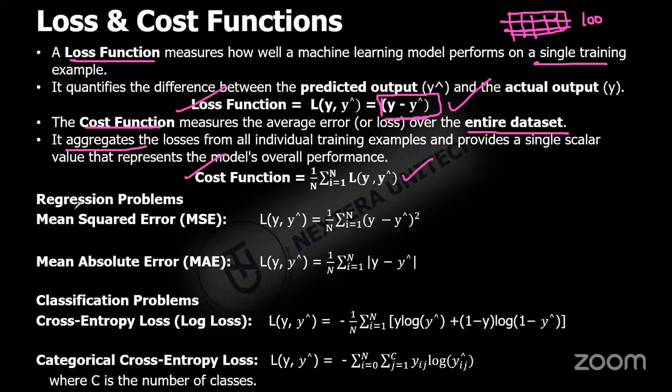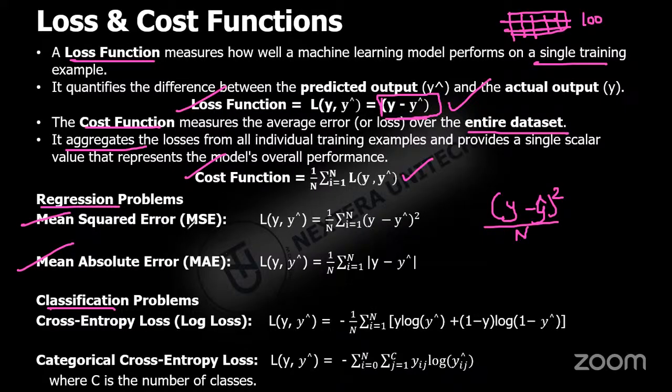So in general, we'll have two kinds of problems. What are they? Regression and classification. If it is a regression problem, we can use mean squared error or mean absolute error. In squared error, the error gets squared. Since there are n number of records, sum up all the squared errors, then calculate the mean.